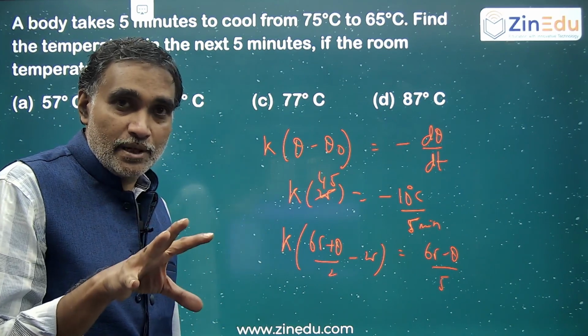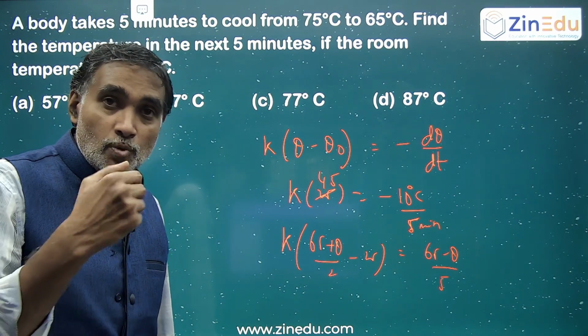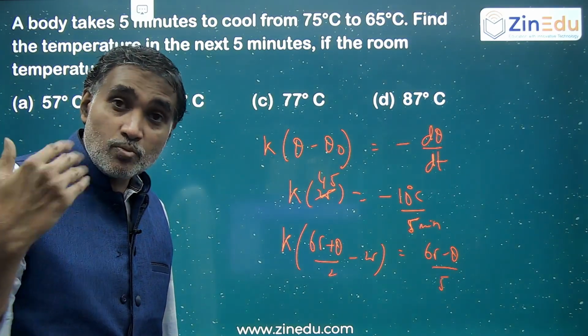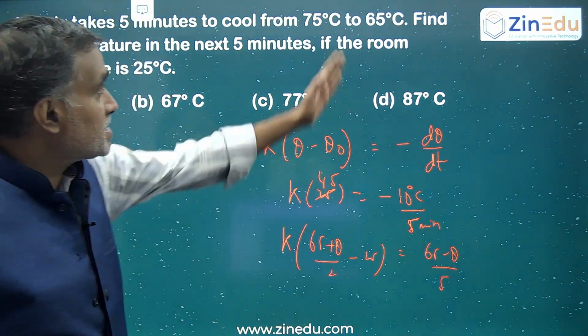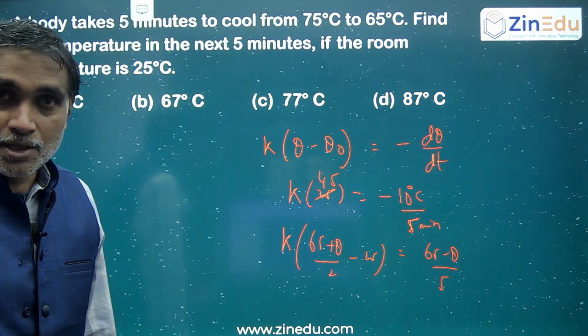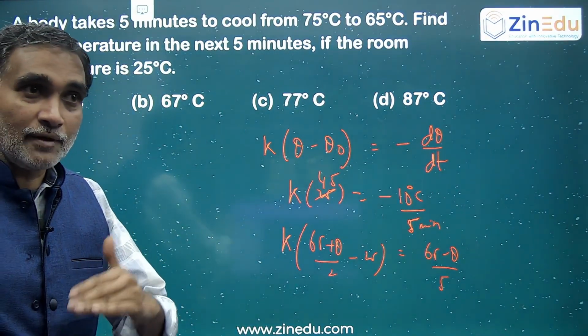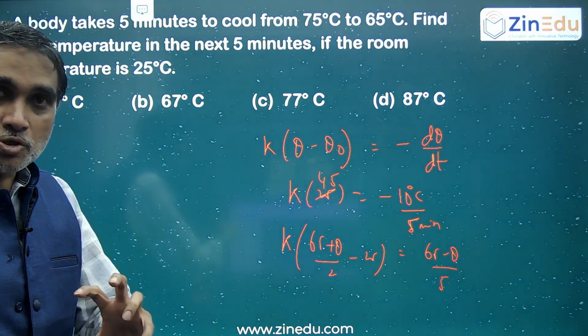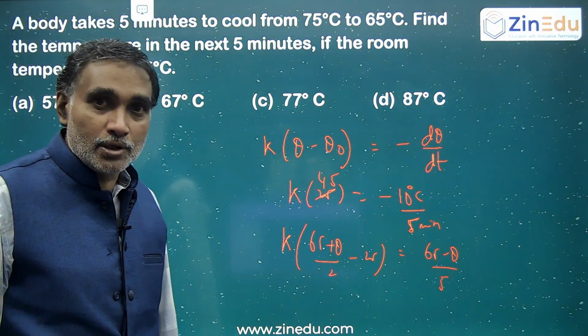To cool by the same 10 degrees centigrade in the next 5 minutes, it will take more time as it is getting cooler. So 65 to 55 will take more than 5 minutes. In the next 5 minutes it won't cool to 55; it will be between 55 and 65, which is only 57. So I can directly put that.